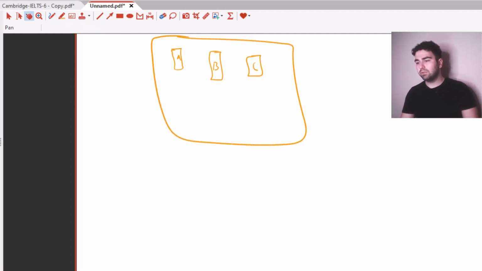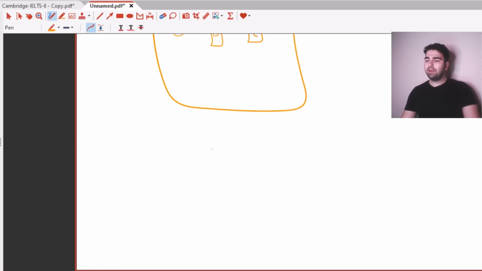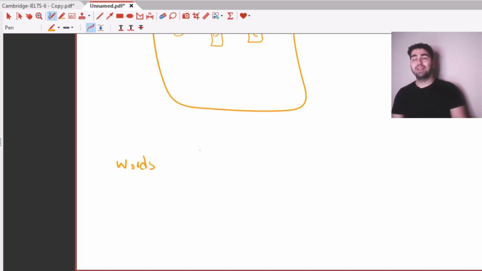Very important to note that there are some words that are more important than other words. Why? Because they have this sense of division between the first context and the second context. They will give you some kind of information that will be asked by the examiner in the reading section.